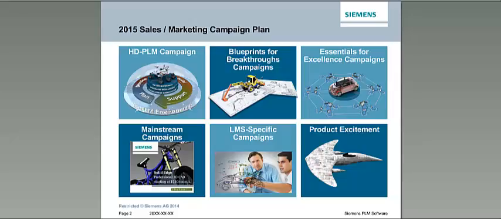HDPLM, which is more of an awareness campaign, and the blueprints for breakthroughs, where there are 13 campaigns behind, which are mainly targeted for existing customers and for large accounts. That's the reason why we will not cover that today.